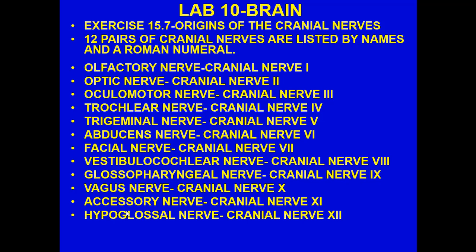So it is important that you go over the olfactory, which is all sensory, optic, all sensory, and now we start getting into oculomotor. The oculomotor, the trochlear, and the abducens are all found helping to control the eye muscles. The trigeminal nerve, tri meaning 3, you'll see in a minute.